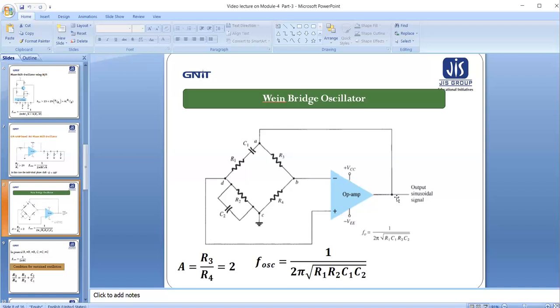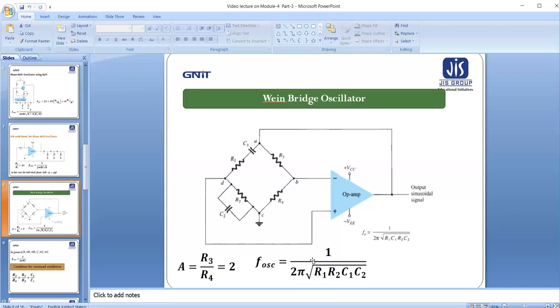The amplifier gain is set as R3 by R4 equals 2, and the frequency of oscillation equals 1 by 2 pi root over R1 R2 C1 C2.